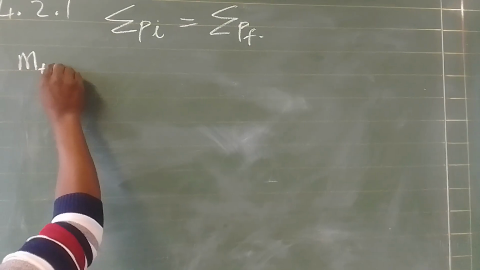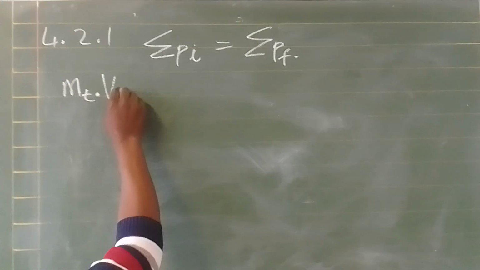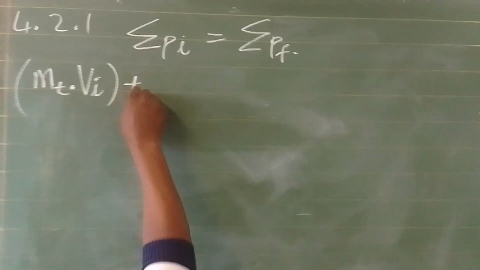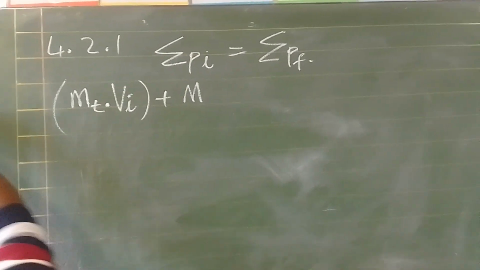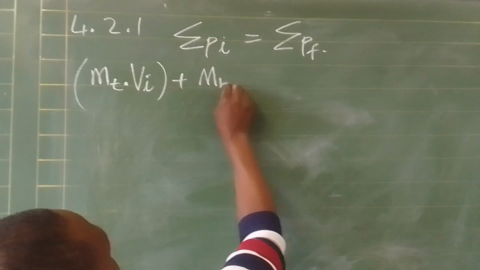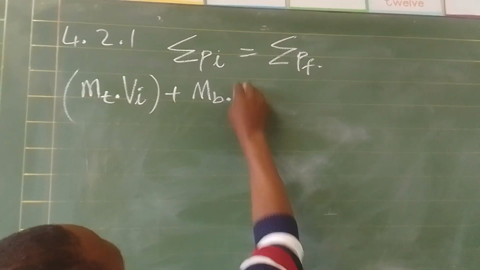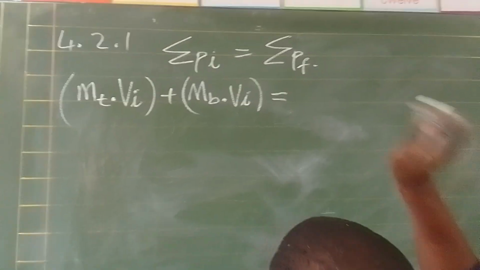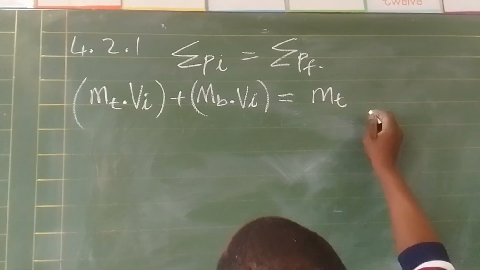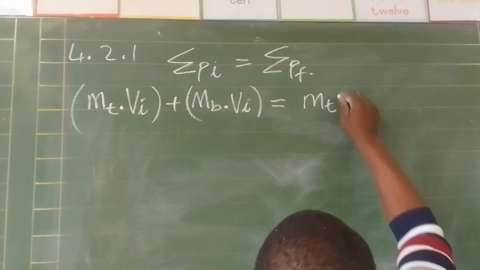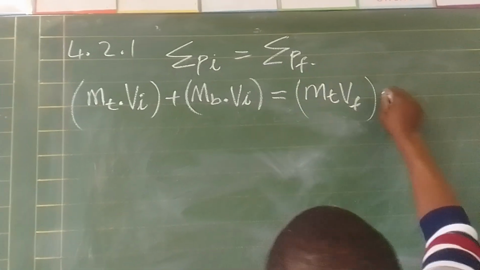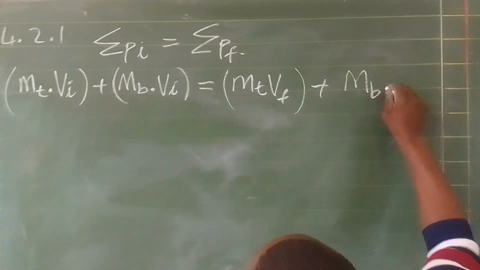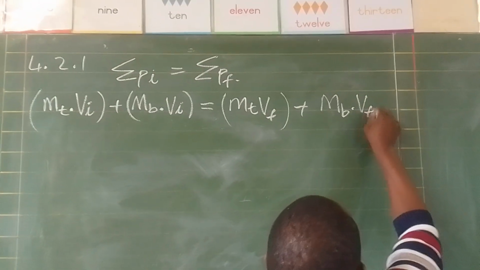The mass of the tennis ball multiplied by the velocity of the tennis ball initially, plus the mass of the block, let's say B, multiplied by the velocity initial of B, is equal to the mass of the tennis ball times the final velocity, plus the mass of the block multiplied by the final velocity.